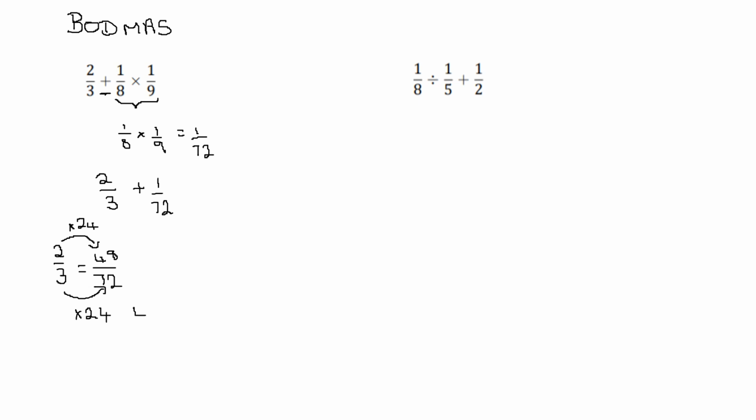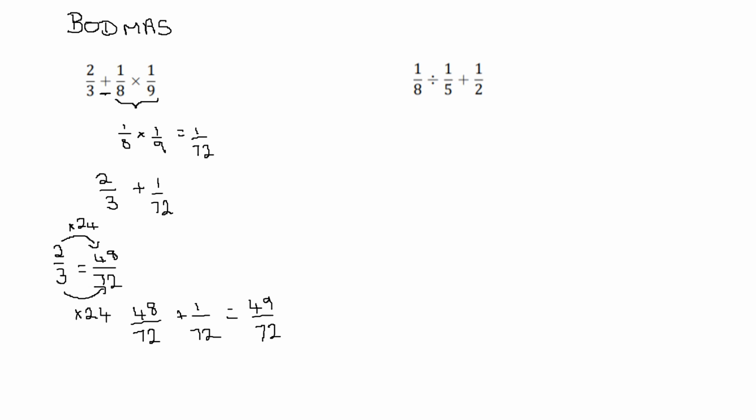So I'm now going to have 48/72 plus 1/72, and that's going to give me 49/72. And I can't simplify that because, with the exception of the number 1, 49 and 72 don't have any common factors. So let's have a look at our second problem.